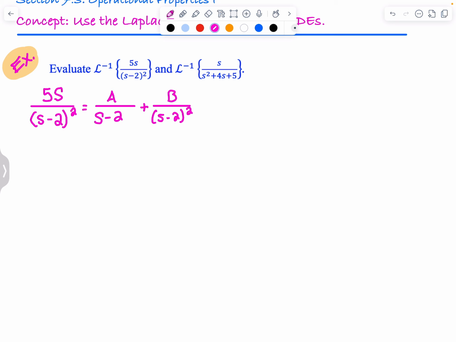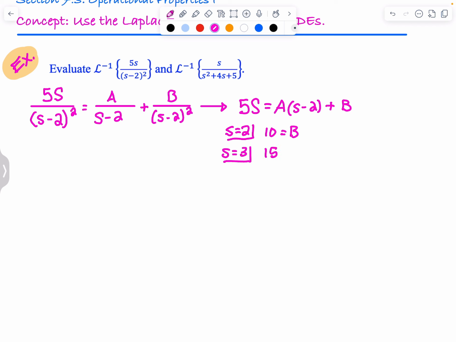And since we just repeated it, we get to use another constant. All right, if I multiply each side by the s minus 2 squared, I'm going to get 5s equals A times s minus 2 plus B. Nice pretty equation here. All right, so we'll do s equals 2 first. Just doing our fraction decomposition, so we'll get 10 equals B. And then if we do s equals, I'm going to do a 3 here.